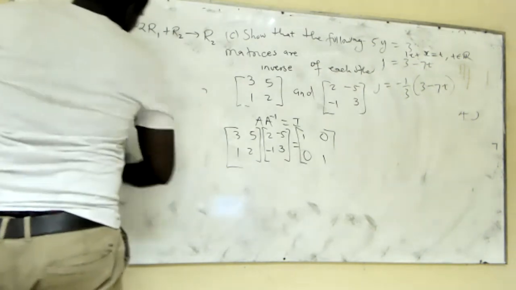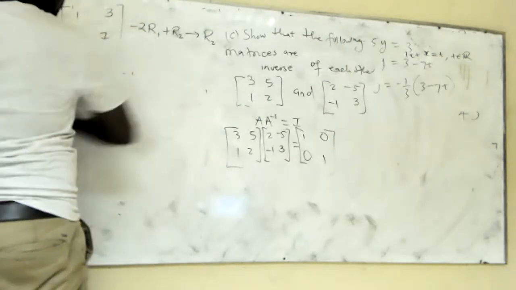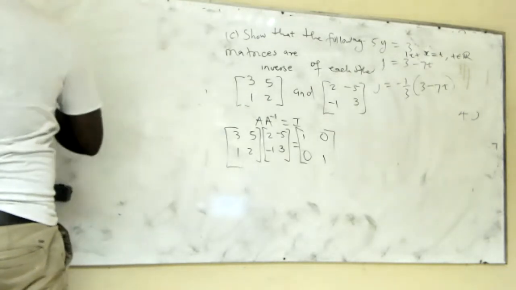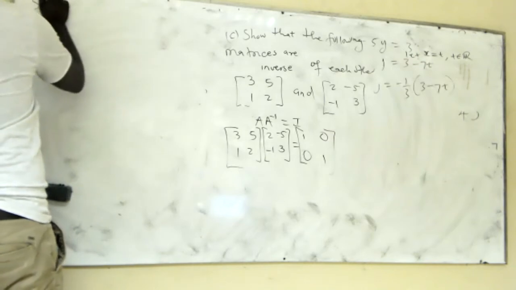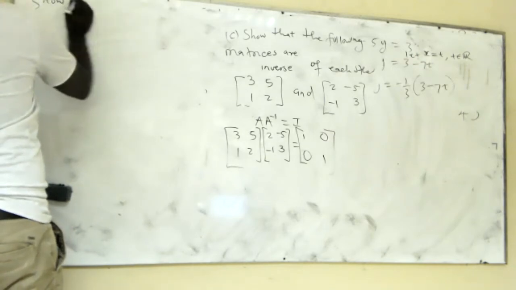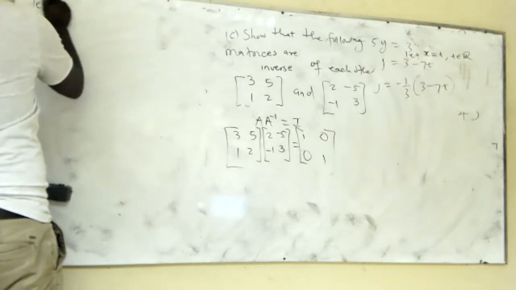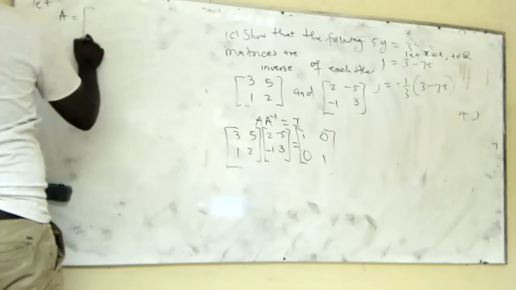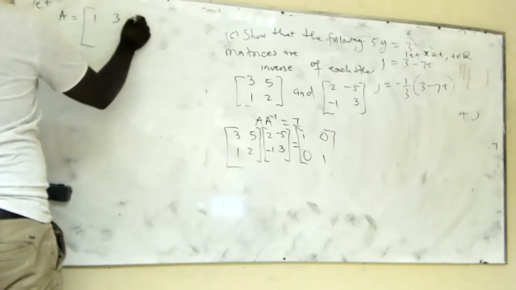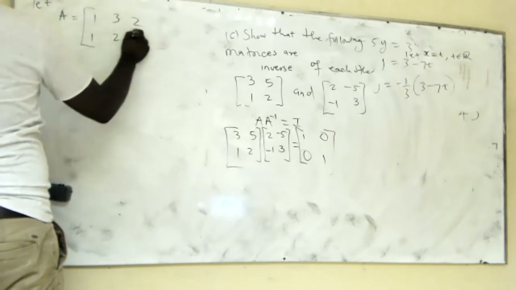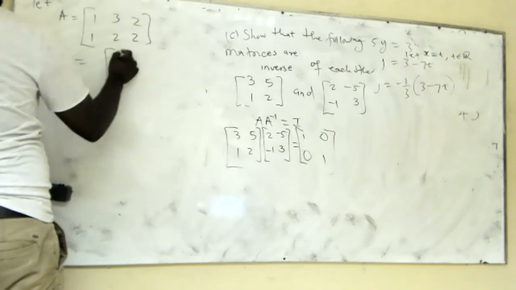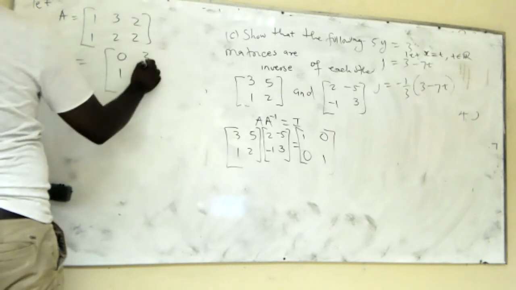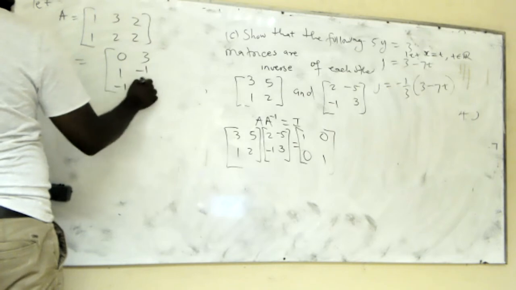Let's go to the next question. This is about showing. Let A be equal to 1, 3, 2, 1, 2, 2, and then B to be 0, 3, 1, -1, -1, 0.